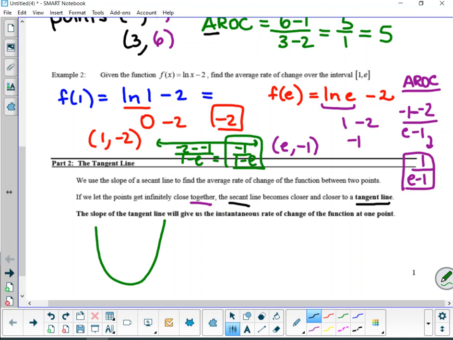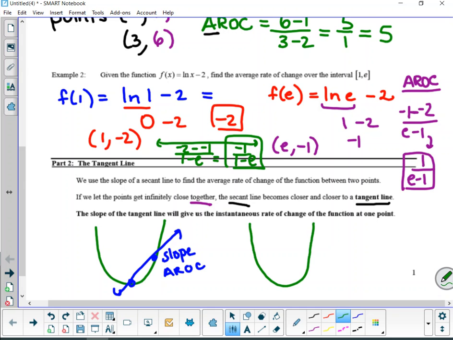We're basically going to go from the idea that if I have two points on the curve, I can get a slope or an average rate of change.